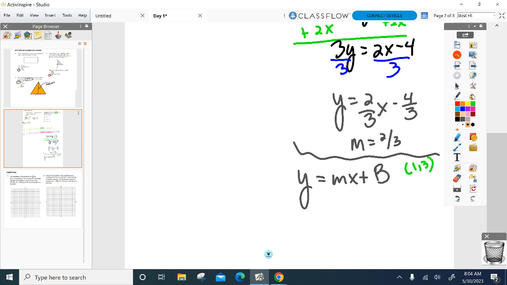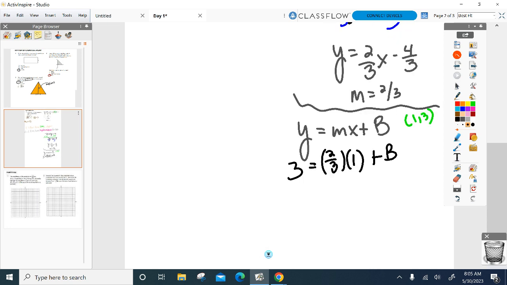Plug in 3 for y equals my m, 2/3, x 1. Everyone see where that 3 and 1 came from, the point it goes through. Now you guys are going to solve for b. I plugged in 2/3 because the slopes were equal because they're parallel. Now I solve for b. We're going to have to move that 2/3 over, deal with the fraction. Oh well.